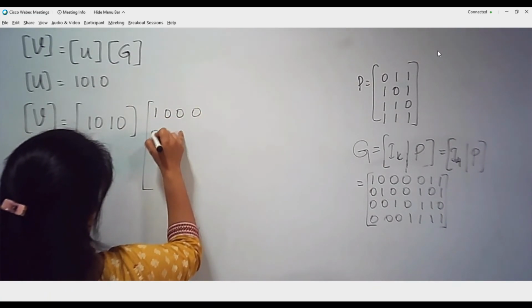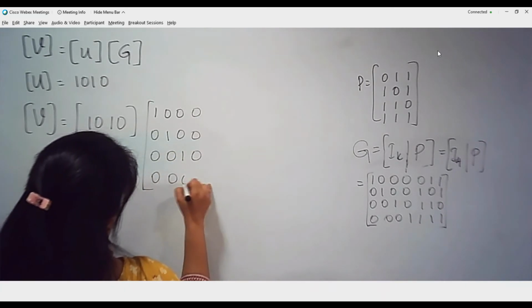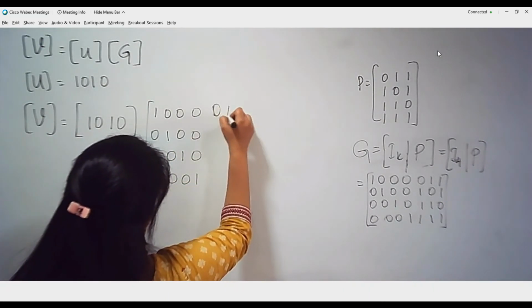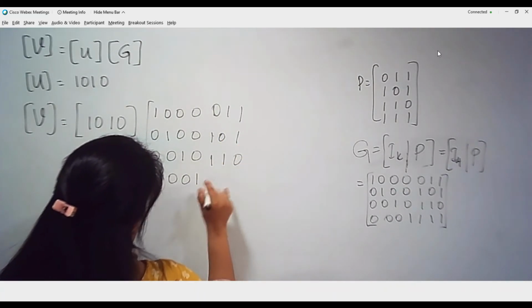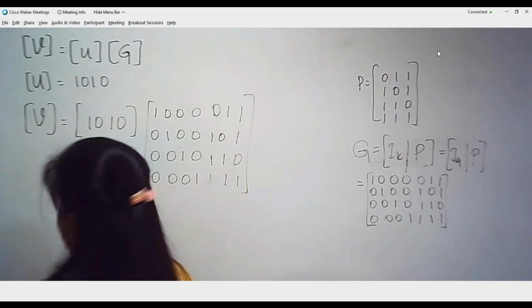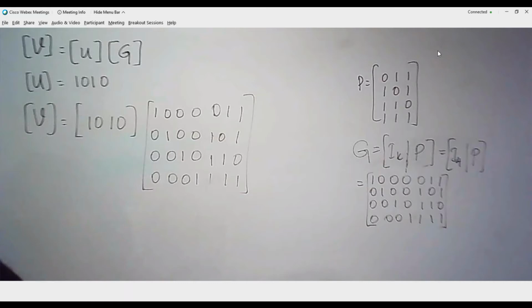I will rewrite the generator matrix over here. It is a simple multiplication, and then you tell me.